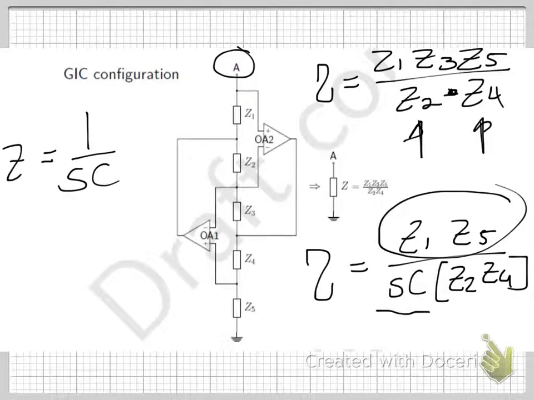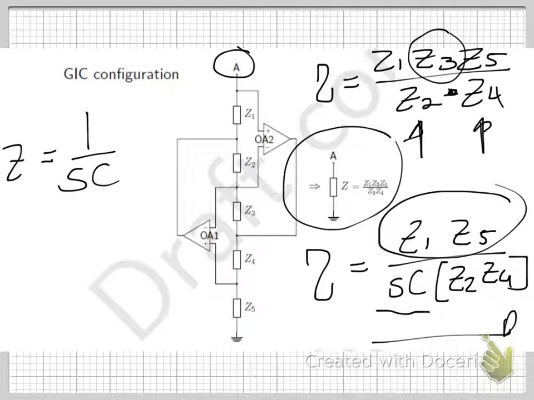So I replaced Z3 with 1 over SC to get to this point, to show you that your circuit sees this capacitance being multiplied by that. So therefore you can simulate a large capacitance using a small capacitance.